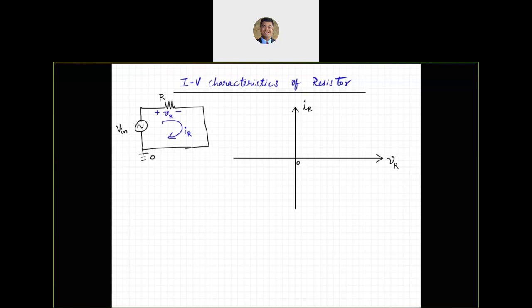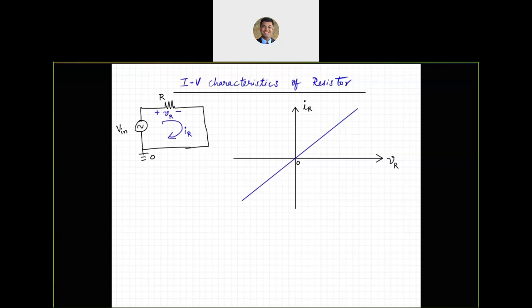So as I increase the voltage across the resistor, based on Ohm's law, for a value of R that is fixed, my current is going to increase in a linear fashion. So what I'm going to get is actually a straight line that passes through the origin with a certain slope, and let's see what that slope is going to be. But it will be a line, because it's a linear relationship.